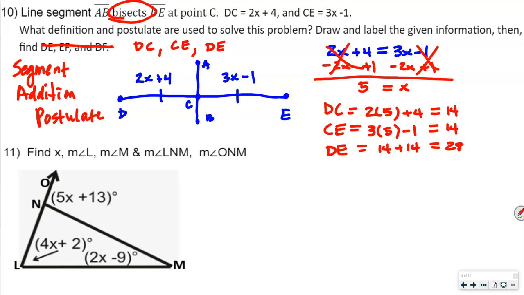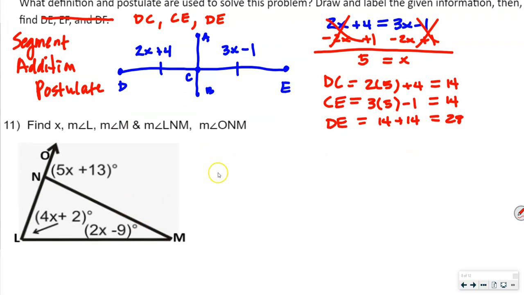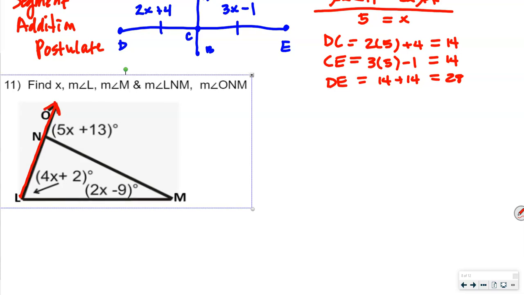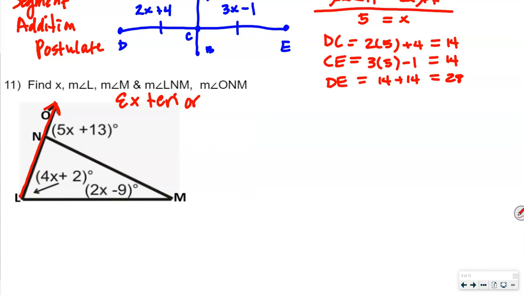Okay, so for number 11, it says find x, the angle L, angle M, L and M, and O and M. Okay, so here's the thing you have to notice with this drawing. Y'all got me? That this right there creates an exterior angle. Okay, and when we have an exterior angle, then it is equal to, so basically this angle out here, guys, this red angle out here, is equal to when we add together these two blue angles right here.